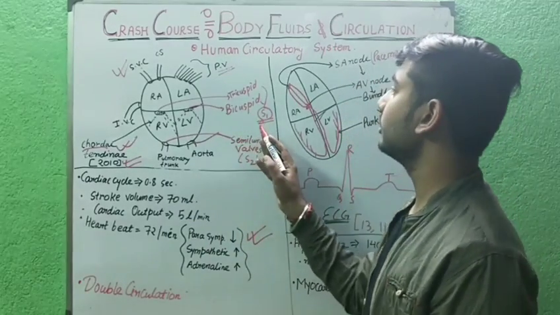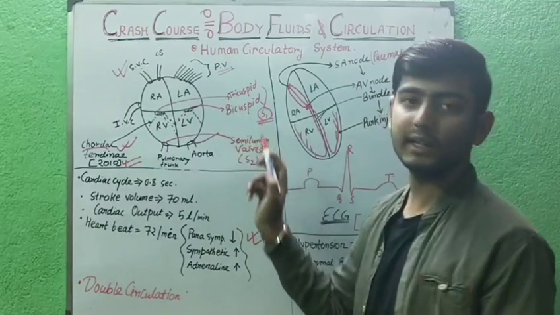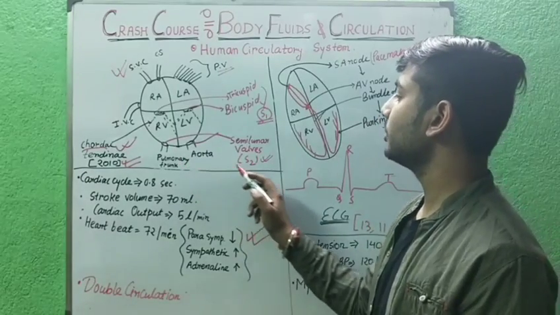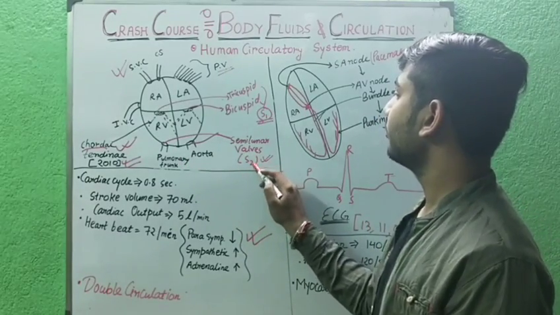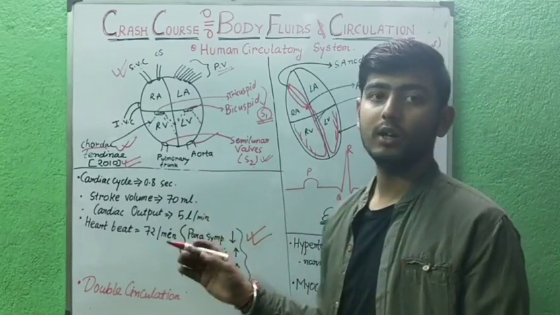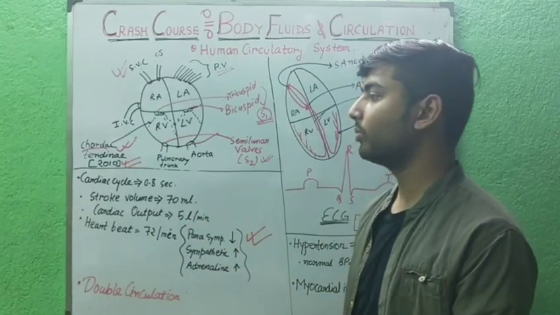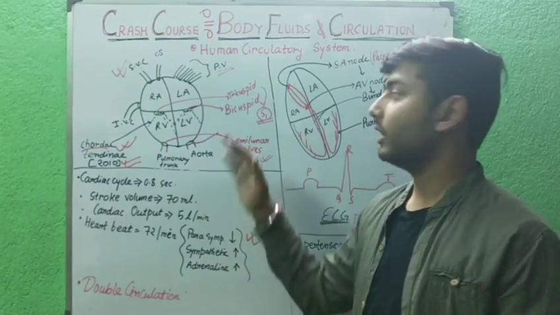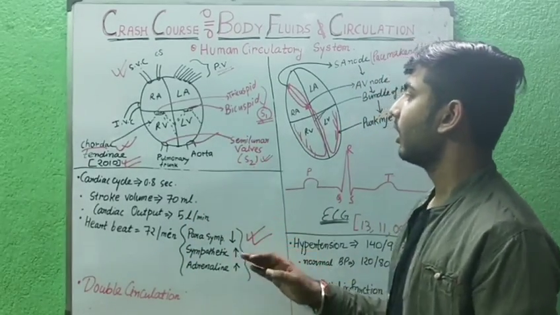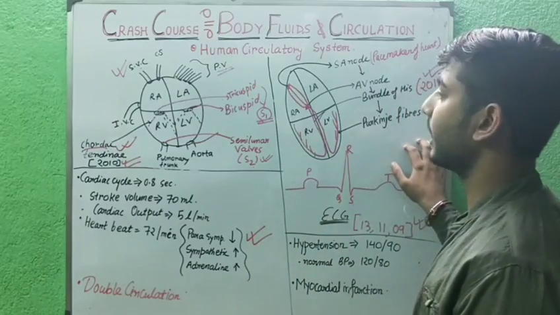So the first heart sound is produced by closure of the tricuspid and bicuspid valves, while S2 is formed by the closure of semilunar valves. I hope this is clear from the exam point of view, because this is not the detailed illustration of the chapter. Now we will move on to the conduction pathway.